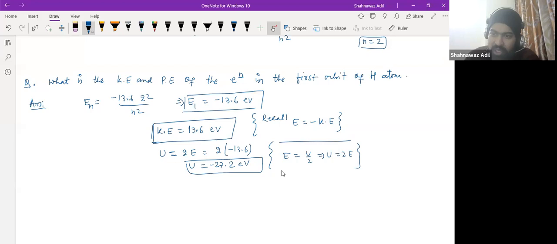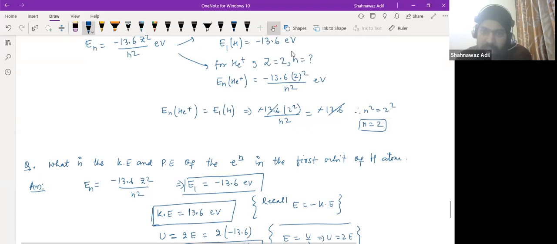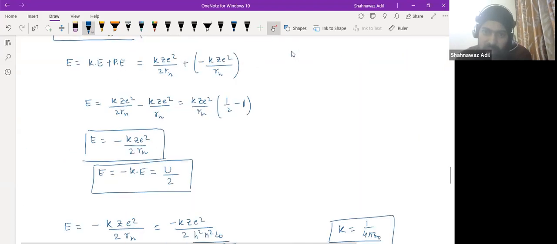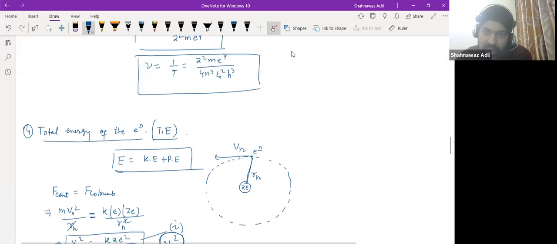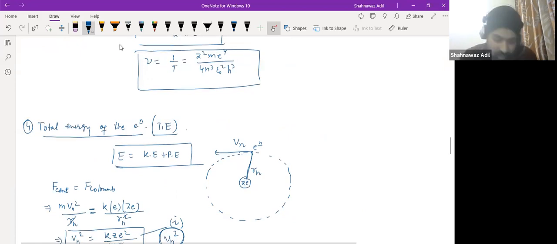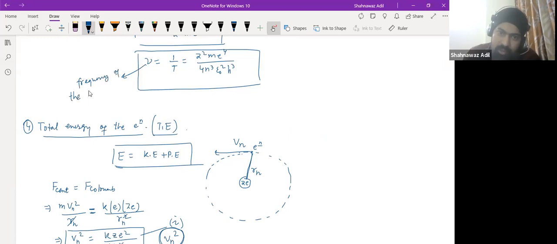Right, everyone, is this clear? Yes, sir. Okay. You guys please note it down, right? From the frequency part, please note it down. This is the frequency of the electron. Please check these values that I have put.